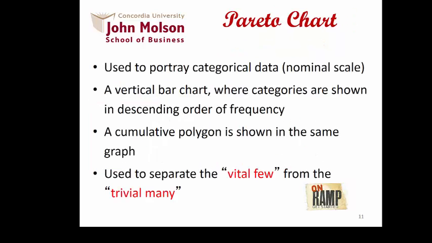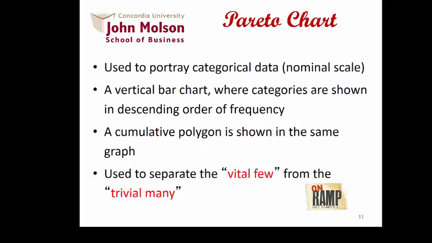Another graphical representation is the Pareto chart. As we said, there are many, so we'll focus on only those 3. It is used again to portray categorical data, and it's a vertical bar chart where the categories are shown in descending order of frequency. You have the original data, which might not be in decreasing order, but it will be rearranged by Excel.